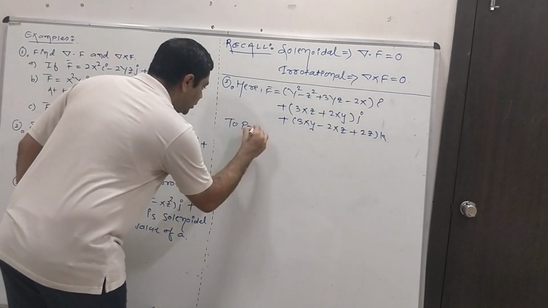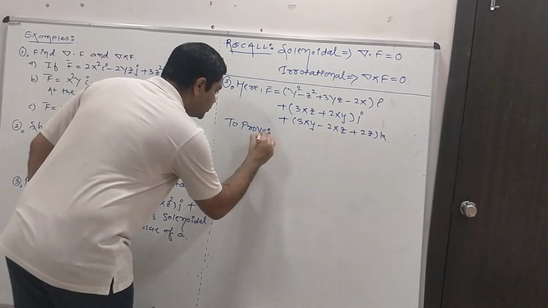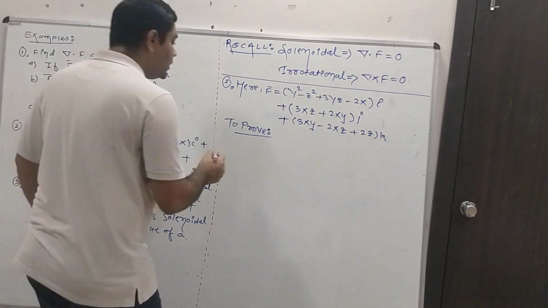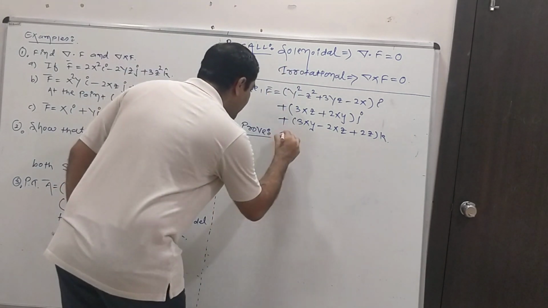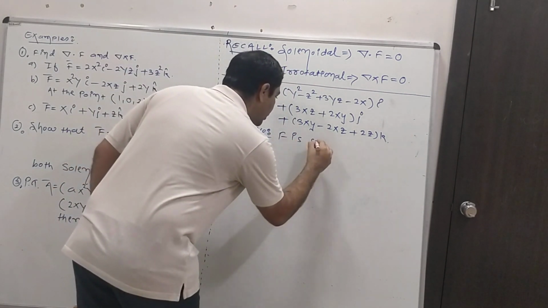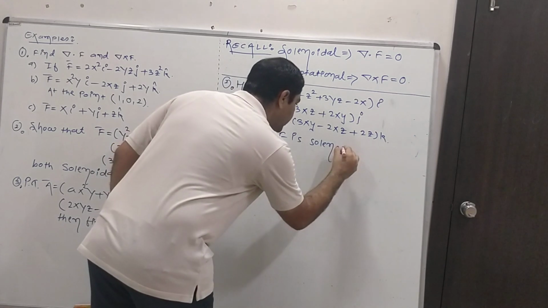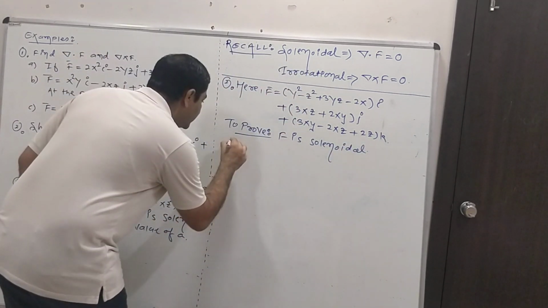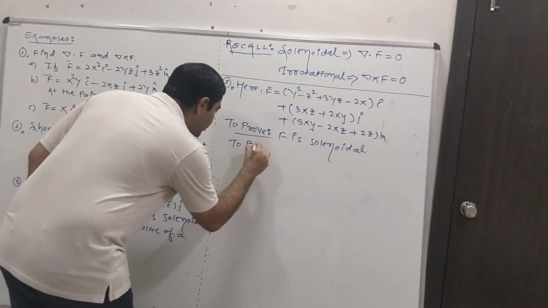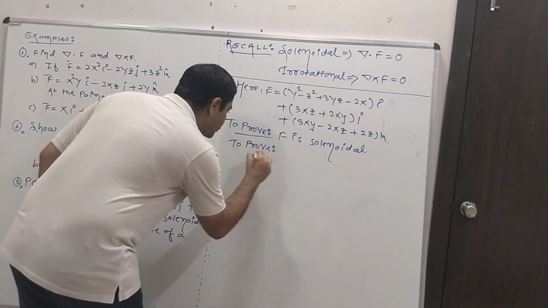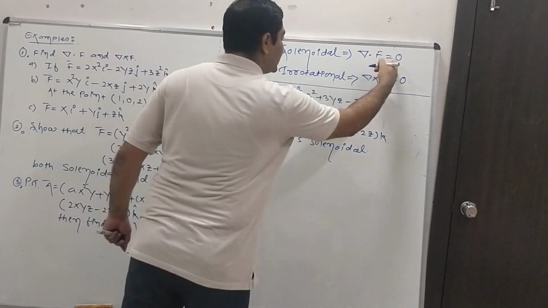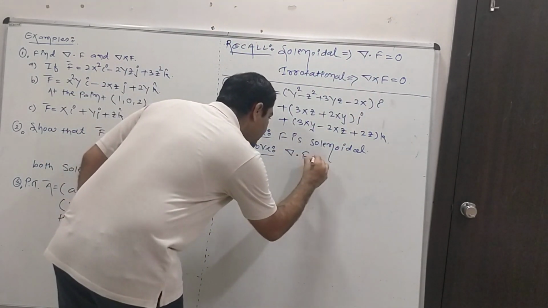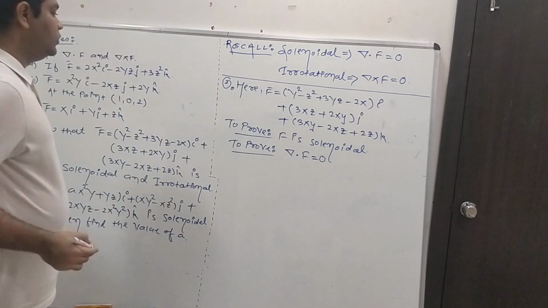Now what we have to prove? To prove, क्या prove करेंगे बच्चों? F is solenoidal. So how will we prove solenoidal? To prove F is solenoidal, for that we have to prove del dot F is equals to 0.